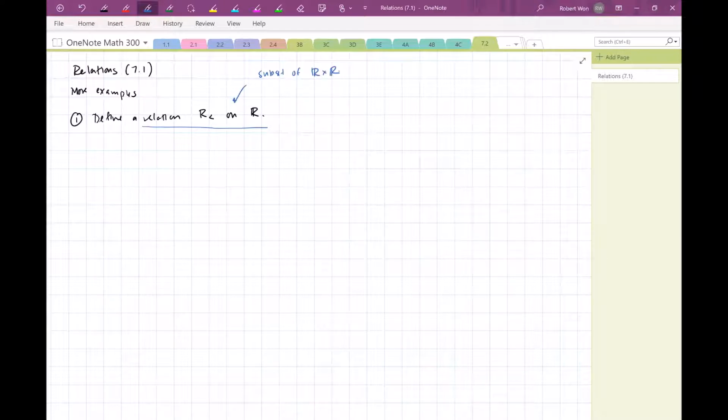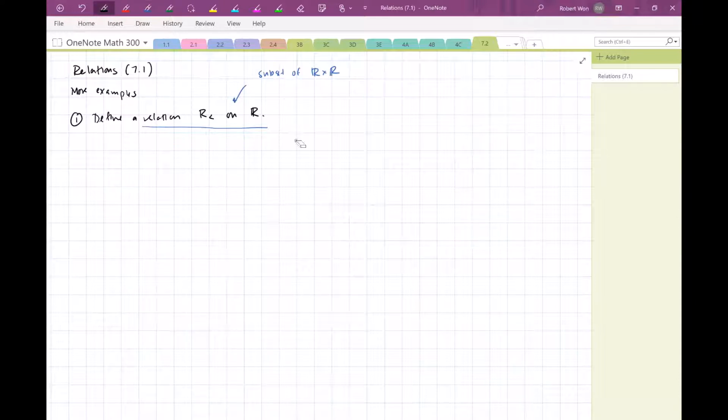Or another way to think about it is I'm going to define something that will relate certain pairs of real numbers in R. Some pairs of real numbers will be related, and those are the things I'll throw into my relation.